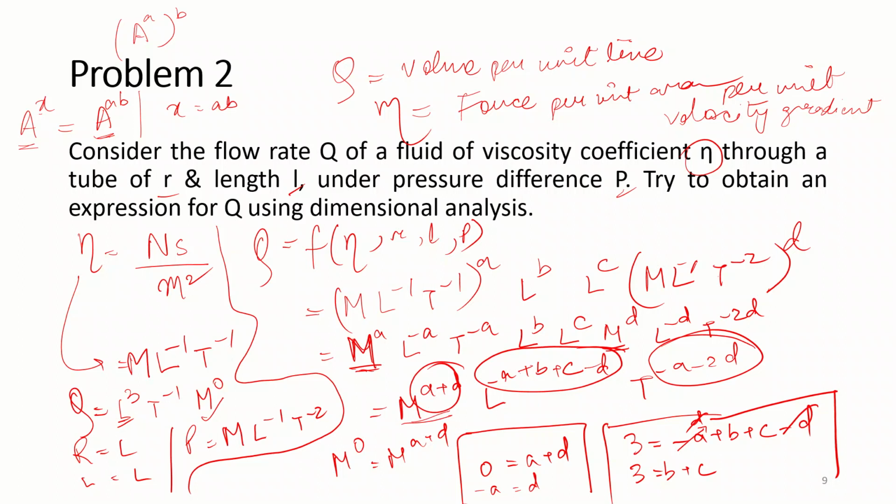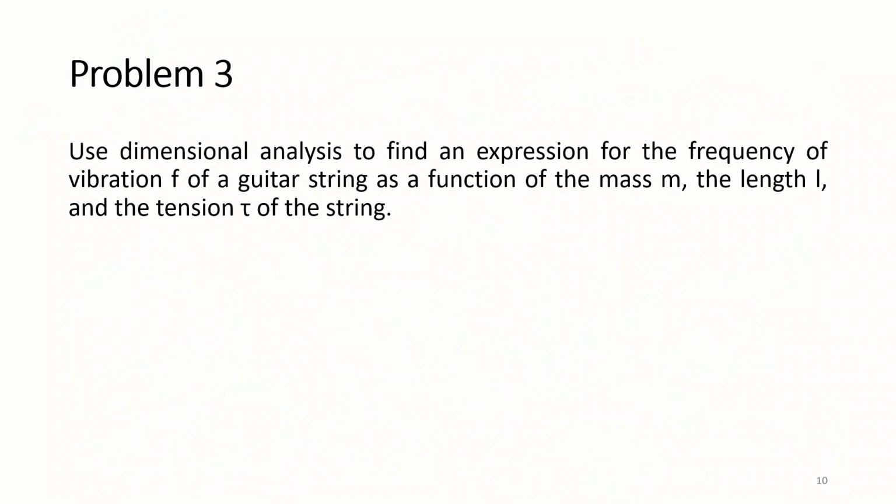A is 1 by 3, b is minus 1 by 3, and b plus c is 3. You cannot calculate b and c. Yeah, we have more variables essentially.